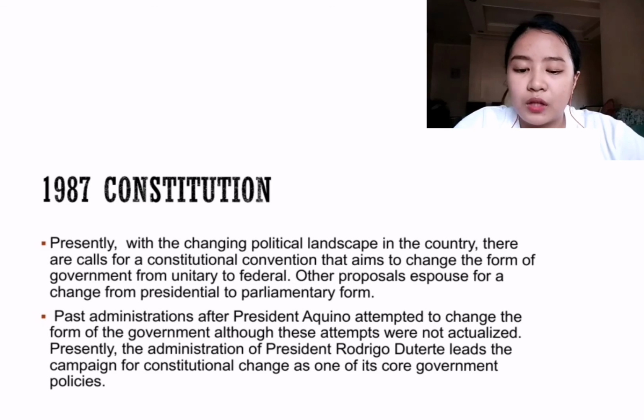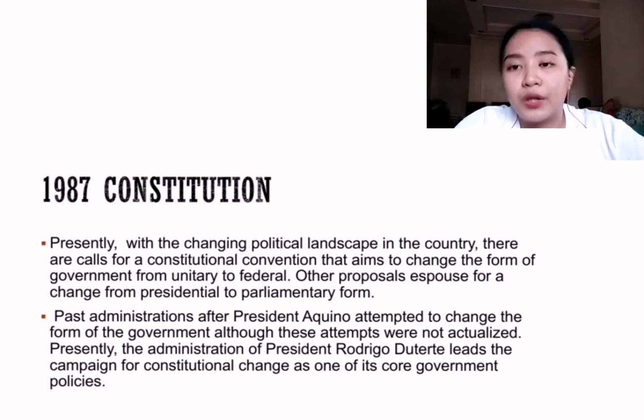The past administrations after President Aquino attempted to change the form of government, although these attempts were not actualized, hindi na-approve or nangyari yung mga gustong plano during their terms. And presently, the administration of President Rodrigo Roa Duterte leads the campaign for constitutional change as one of its core government policies.